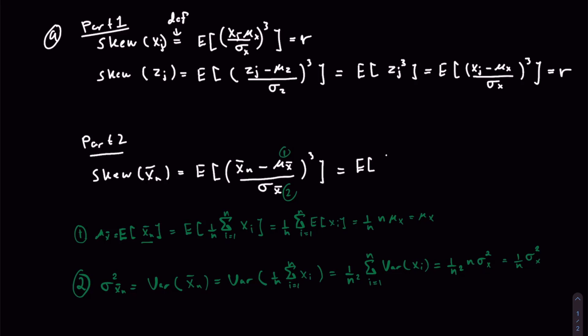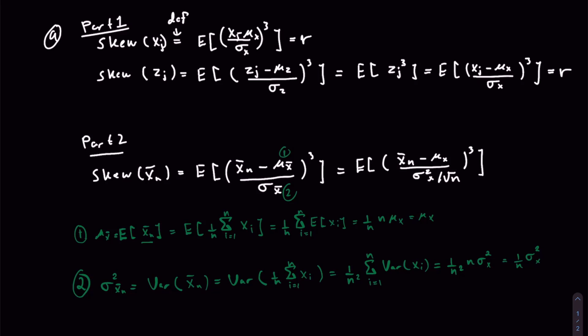Expectation of x minus mu x, and here we need to take the square root of this term, so we end up having sigma squared x divided by square root of n, and that is the skewness of the sample mean.